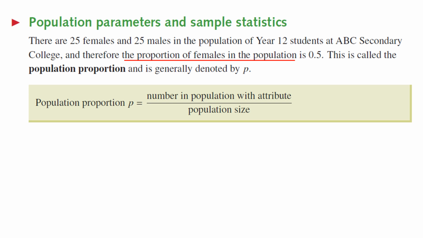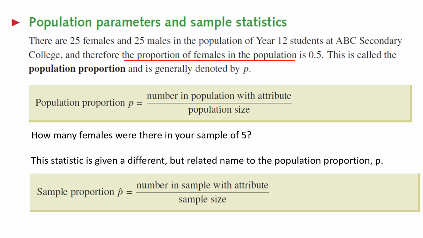Now, suppose we couldn't possibly get round to all those 50 students, for a reason I'm not particularly sure of, but let's just suppose, and we had to make an inference by randomly selecting lots of 5. The proportion of females in our randomly selected samples of 5 would be P hat, and that's the sample proportion.